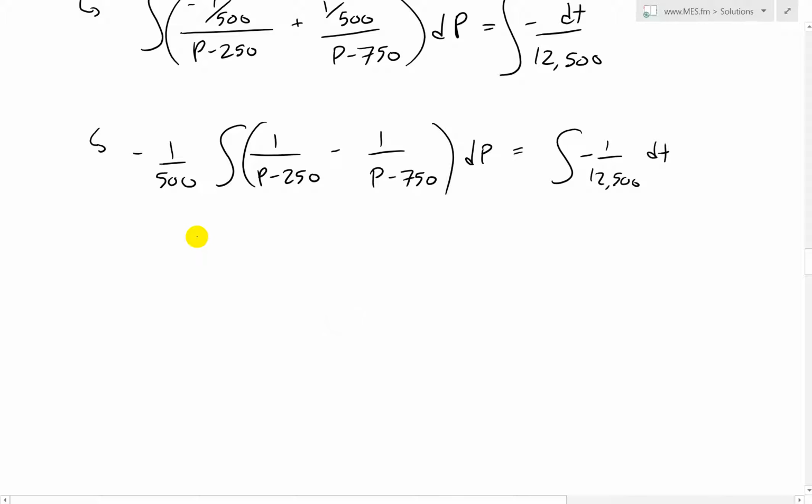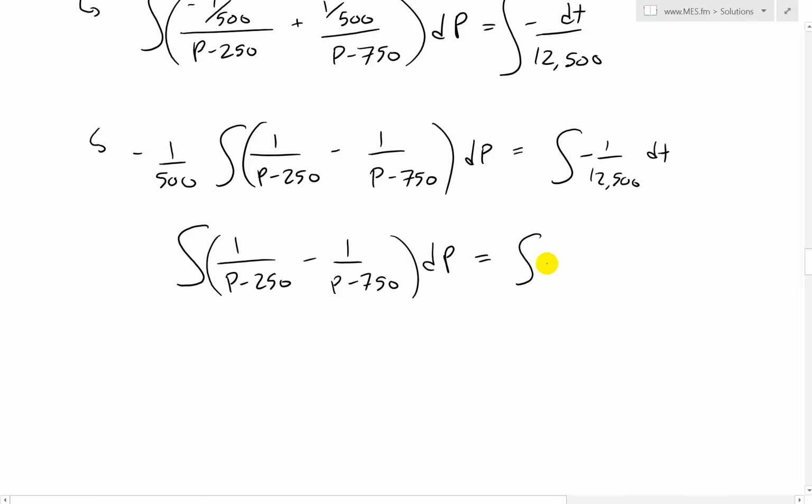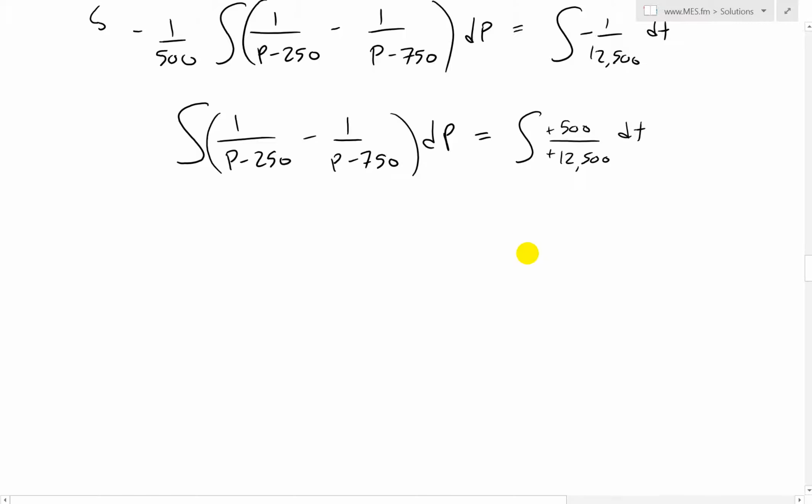What we end up getting is 1 over p minus 250 minus 1 over p minus 750 dp equals, and then the negatives cancel, so we'll just put a negative 500 on this side because we're moving it over, and then this is negative 500. So this just cancels like that, and then we could divide this out. Well, the zeros cancel.